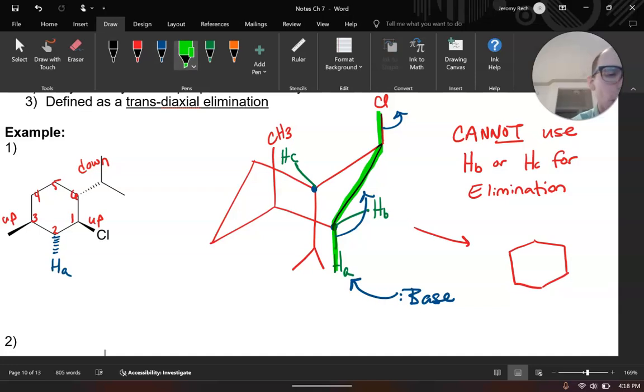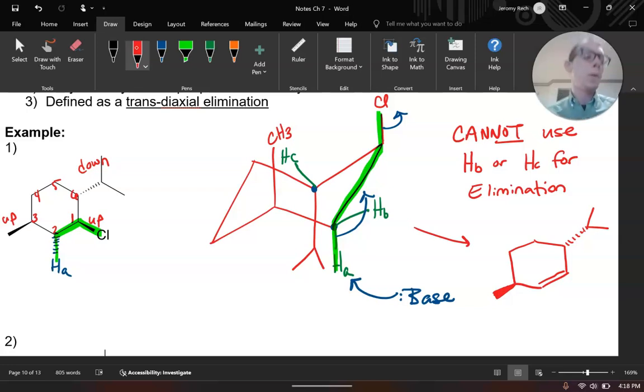And our bond is going to be formed between my 1 and 2, and my chlorine leaves. So if I wanted to draw my product, I would then have my double bond here. I would have my wedge over here. And then I would have my dashed for my isopropyl. And this right here is going to be our major product.